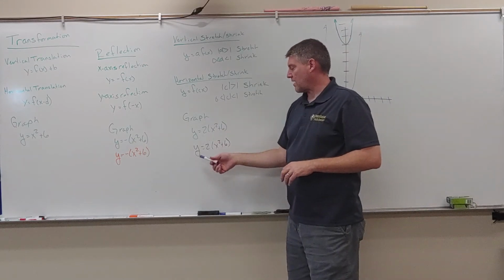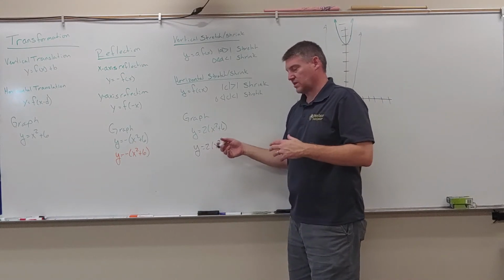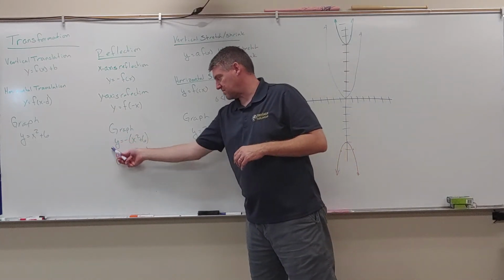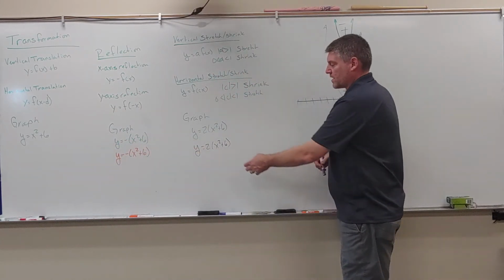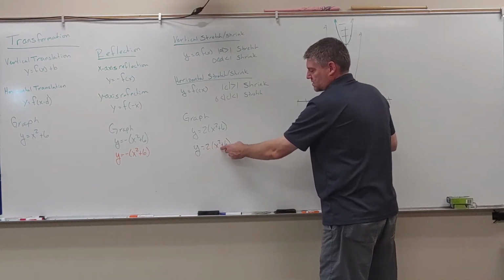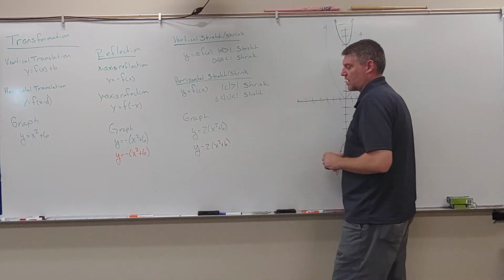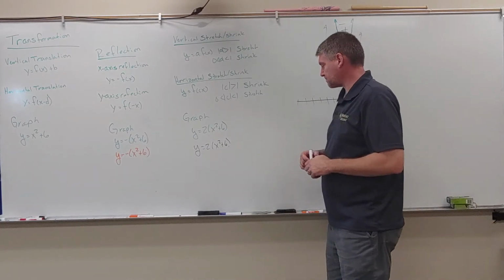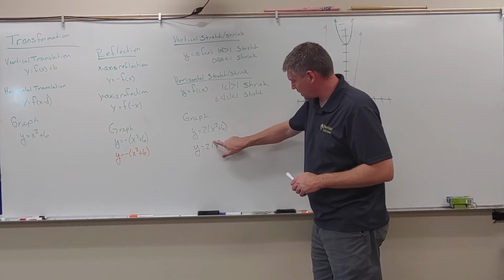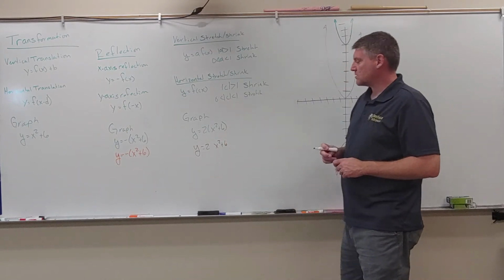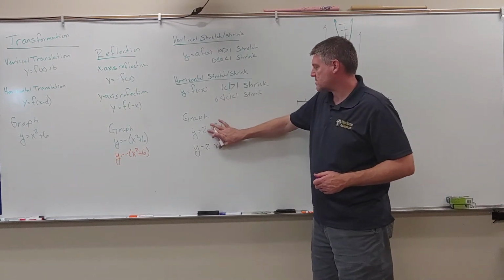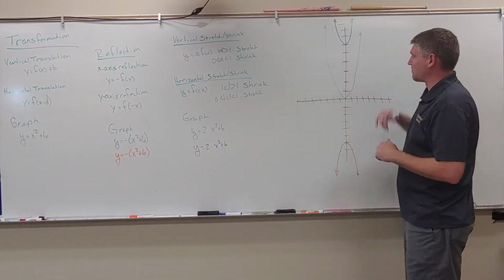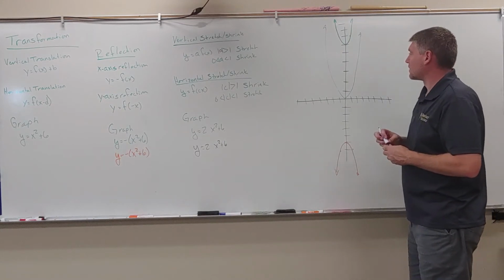So now we're going to graph y equals 2 times the quantity x squared plus 6. So I'm basing everything off this original graph, okay? So now this tells me I'm shifting it up so many, and let's just go 2x squared plus 6, because if I do it the other way, I have 12, and I don't have a big enough graph here, okay?